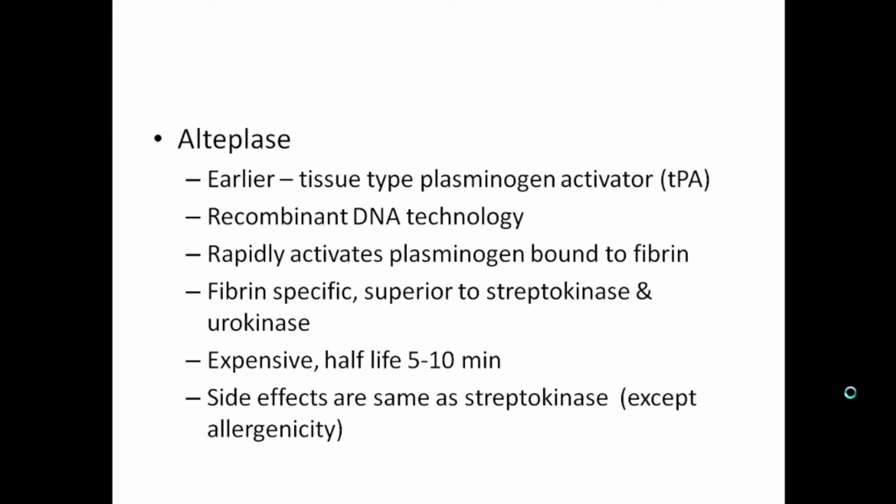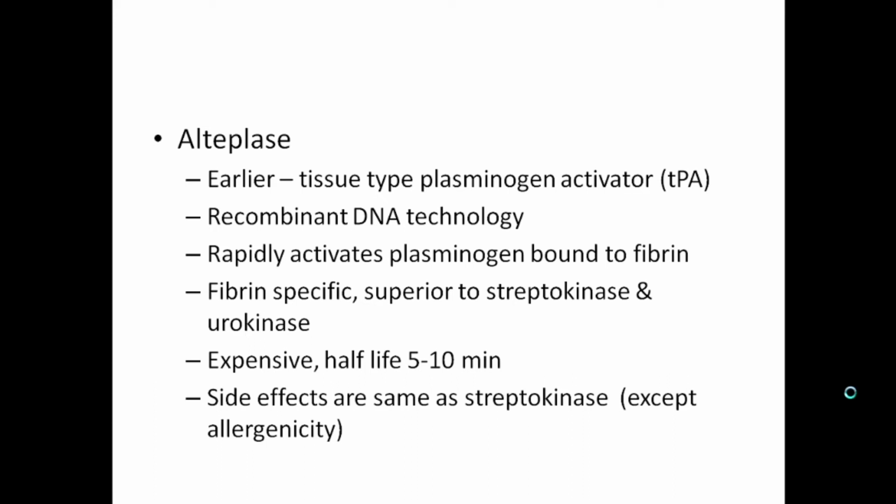Alteplase. Earlier this alteplase was known as TPA, that is tissue type plasminogen activator, but later on the name alteplase was given, and it is obtained from recombinant DNA technology. It rapidly activates plasminogen and binds to fibrin.